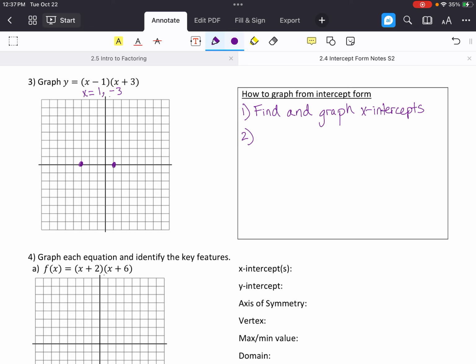Once you have those, you're going to find the axis of symmetry, which is always halfway between my two x-intercepts. So we have x equals -1 for the axis of symmetry.